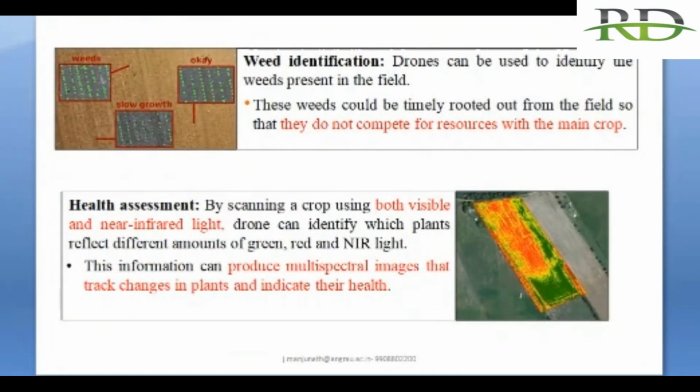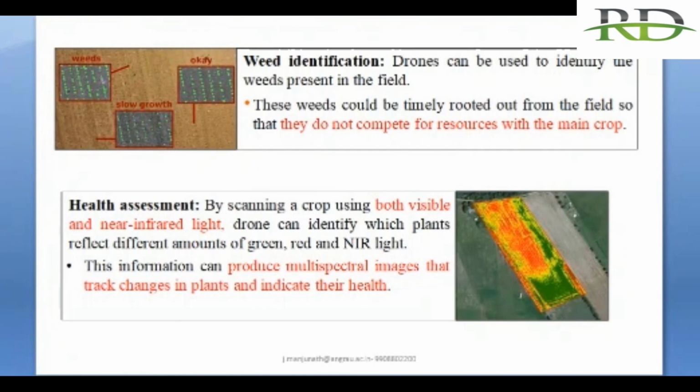This is weed identification, which is one of the important ones. As I told, we can identify which types of weeds are present in the field by taking photographs and observing plant stature, plant structure and leaf structure. Weeds can easily be identified.